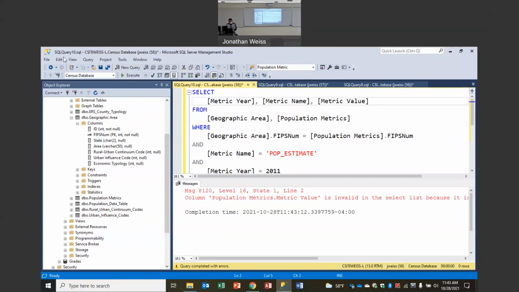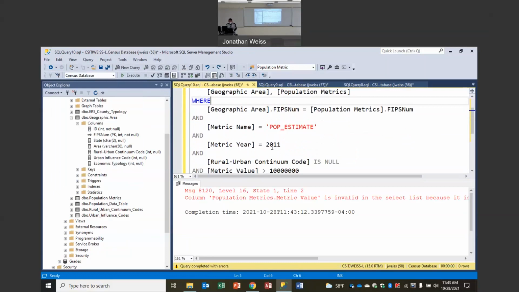Okay, all right, did this one real quick. This is right. Pop estimate. Here's 2011.